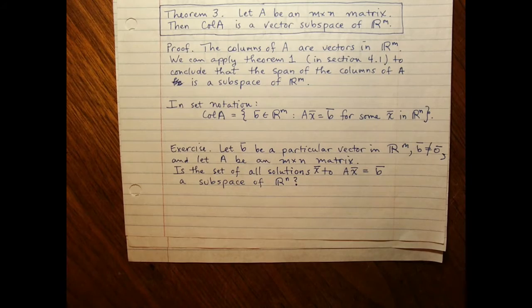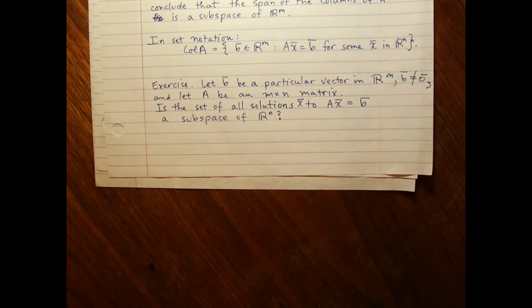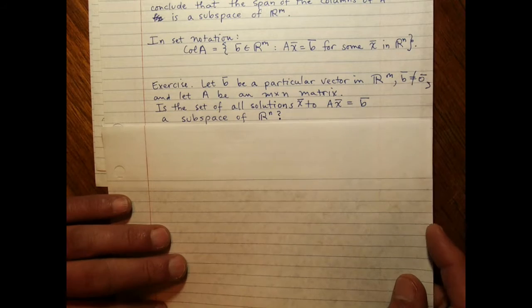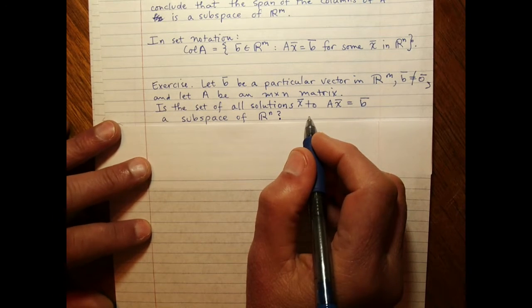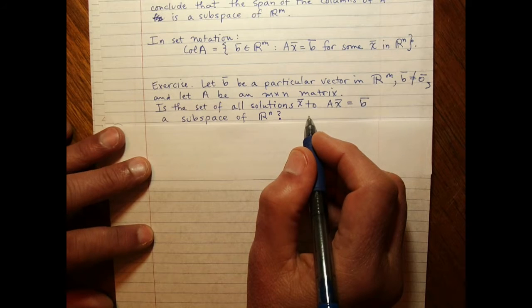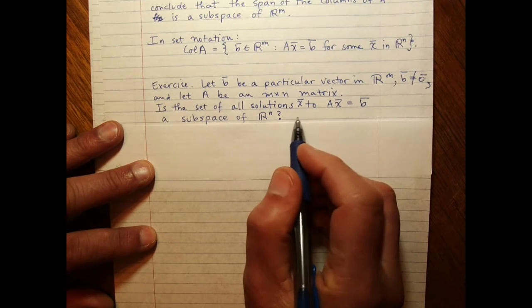Little exercise here at the bottom. Let b be a particular vector in R^m not equal to 0, and let A be an m by n matrix. Is the set of all solutions x to Ax = b a subspace of R^n? Well, if it's a subspace, we'd have to check the three properties of a subspace.